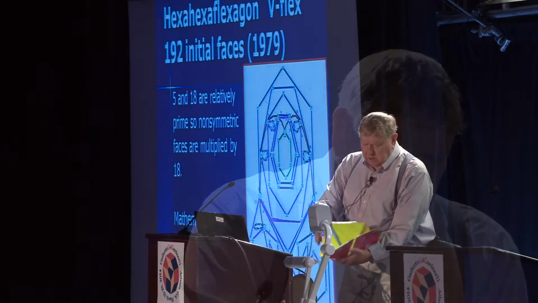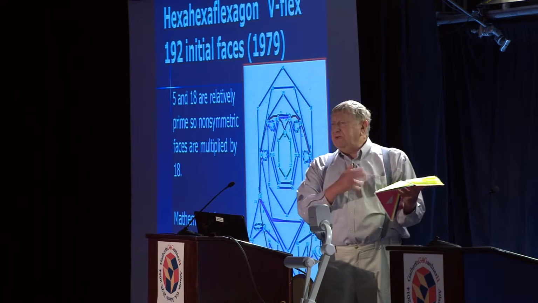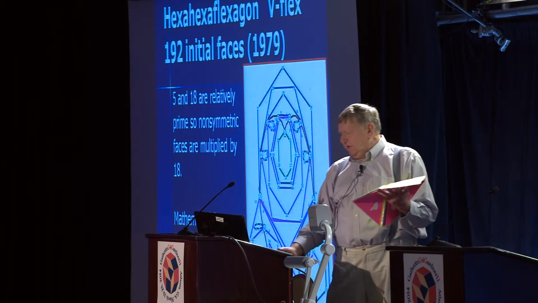I'm trying to apologize for how we screwed this up, but it was so easy to find these translations. 5 and 18 are relatively prime, therefore we can multiply by 18 our final answers. At least 189 of the initial faces can be multiplied by 18, but 6 of them are symmetric. They're so symmetric that once you've added 1 to each triangular face, it will come back and start repeating itself again.